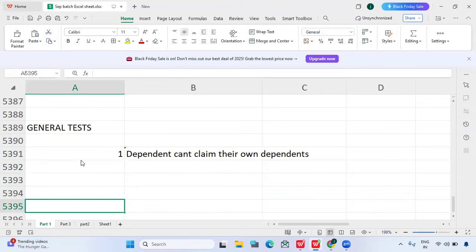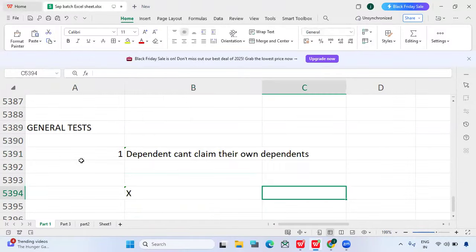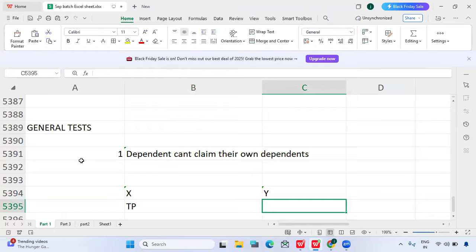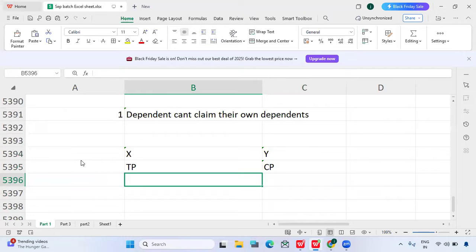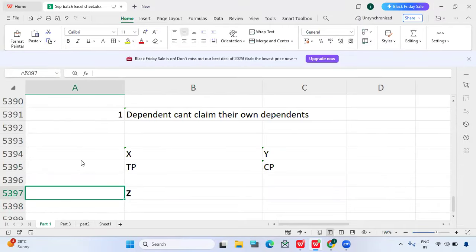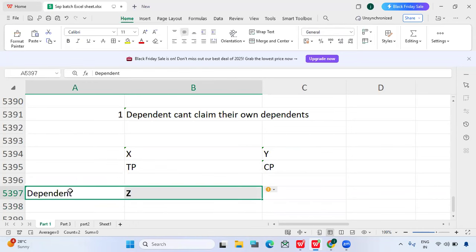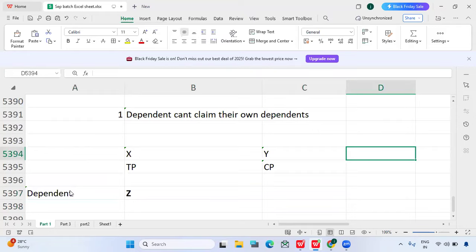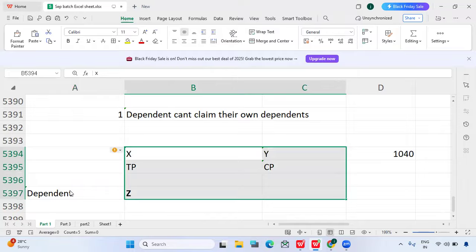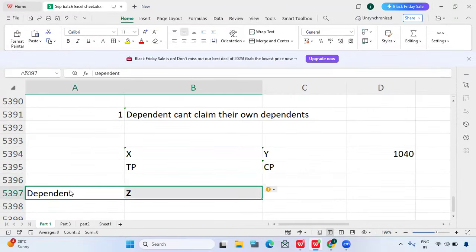Let's say we have Mr. X and Mr. Y. X is the taxpayer and Y the co-taxpayer, and they have a Z. Z is actually a dependent, and Z is preparing another income tax return. They are filing Form 1040, and when they are filing it, they have included Mr. Z as a dependent. Also Z has some income.